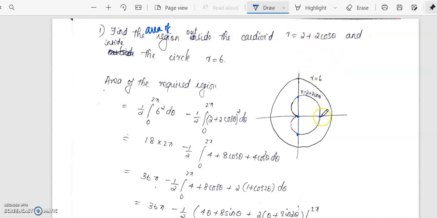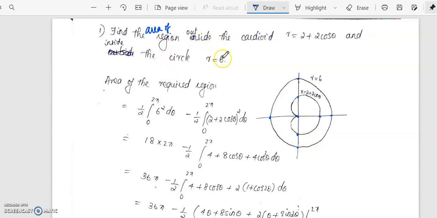Now the maximum value of r here is 4. So therefore the cardioid will be completely lying inside the circle r equal to 6. For the circle r equal to 6, the radius is 6. So the cardioid will be lying completely inside the circle.